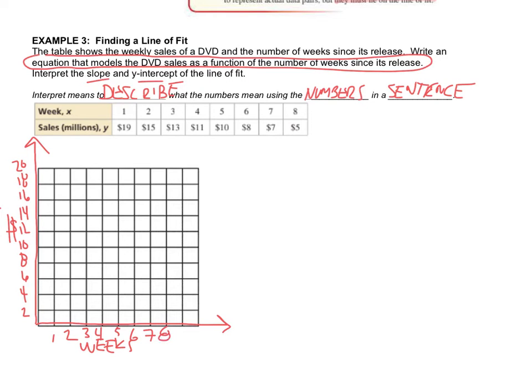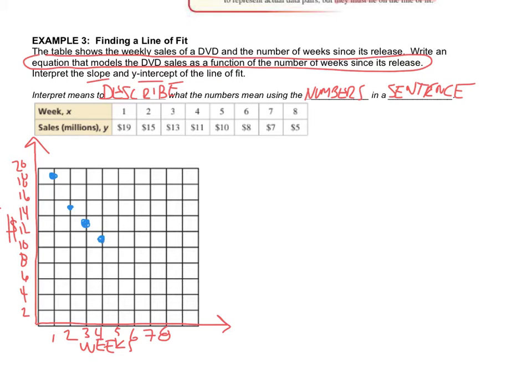Now, we're not always going to get this perfectly accurate. Some of these numbers are not going to fall in line exactly. You do the best you can with a scatter plot. It's hard to find a scale sometimes because the numbers aren't nice and perfectly in a row. So then we just plot our points. So let's just start plotting. (1, 19) is going to be there. (2, 15) will be there. (3, 13) is there. (4, 11).